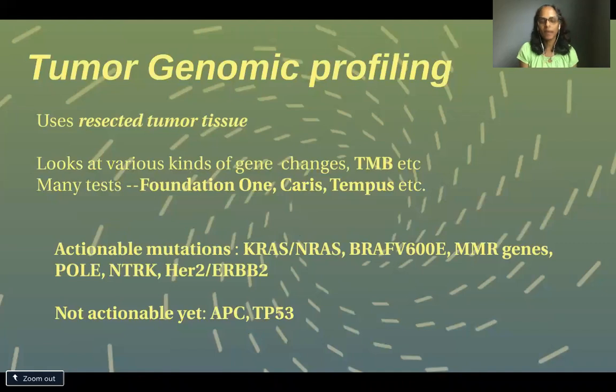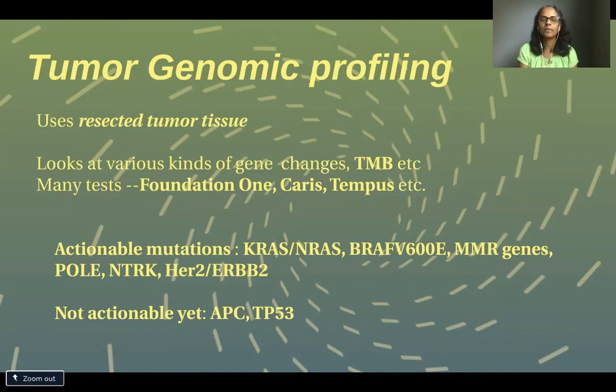So the other kind of tumor testing, which is really extensive and needs more sophisticated equipment, is tumor genomic profiling. This uses resected tumor tissue, and it looks at various kinds of gene changes.